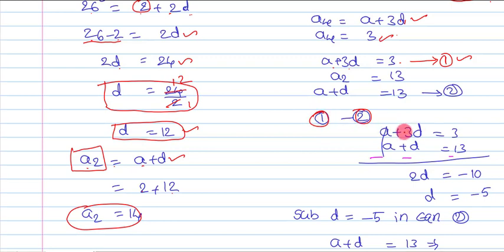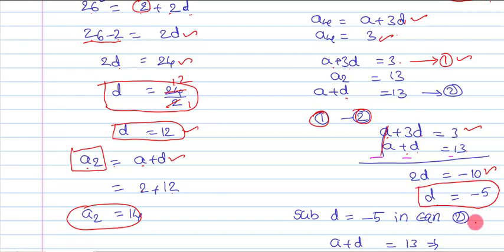The first equation is A plus 3D is equal to 3, and the second equation is A plus D is equal to 13. Subtracting this, the A term gets cancelled. So you get 3D minus D, that is 2D, which is equal to minus 10. Then from this D is equal to minus 5.